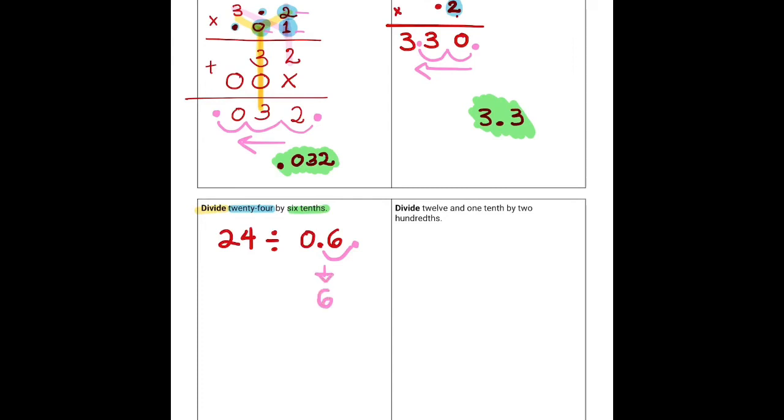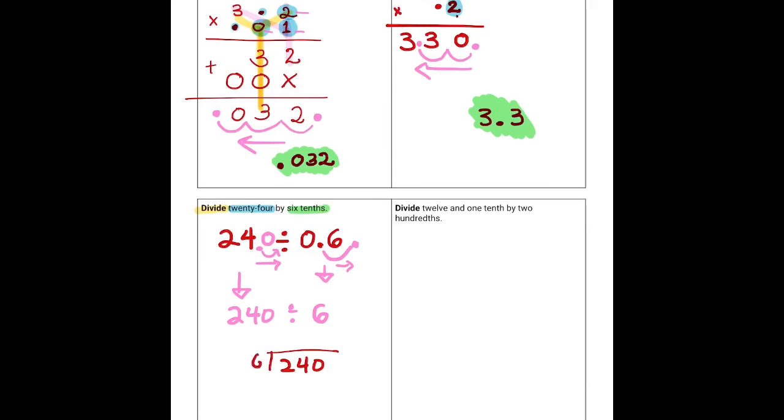So if I move the decimal point once to make this a whole number, I need to do the same for 24. Now remember, 24 is a whole number and therefore there's an invisible decimal point there. So I move the same way, 1 decimal point to the right. And there's your 0. So now the new number is 240 divided by 6. Let me just move the 6 lower. So there it is.